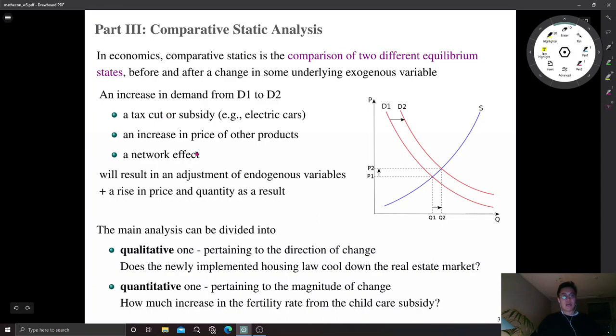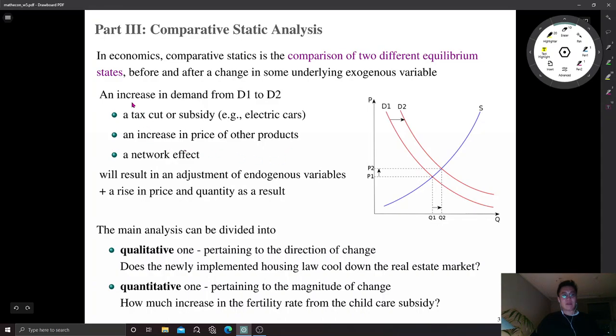In all of these cases, the demand curve will shift up, or shift to the right, as displayed in this diagram. The demand curve will shift from D1 to D2 if there is a tax reduction or subsidy for electric cars, for example.